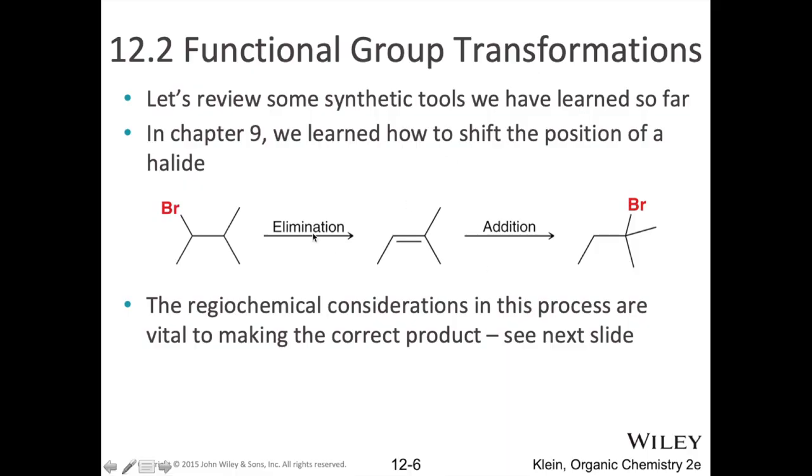If you start off with an alkyl halide, that halogen's a great leaving group, so you can do an elimination reaction to make an alkene, and then do an addition reaction. By controlling the regiochemistry of those steps, you can get, for example, a Zaitsev versus a Hofmann product, or a Markovnikov versus anti-Markovnikov product, and that controls where that functional group shows up.